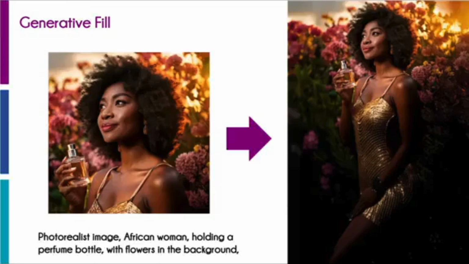But I used generative fill in the browser, and I took it from the square and made it a portrait image, dragging it down, and this was the result that I got. From just below the shoulder all the way down to the ground, that was all AI generated.